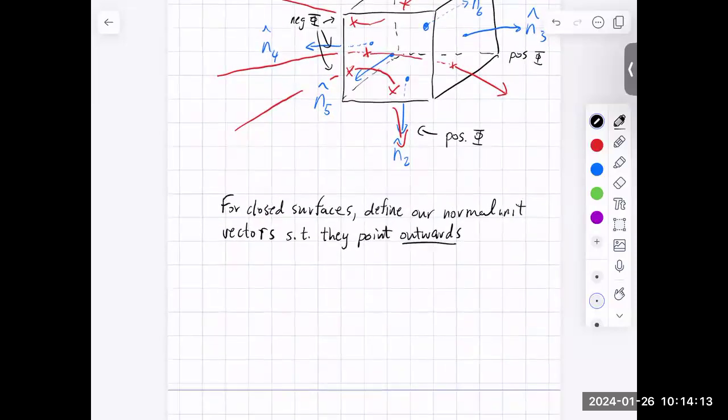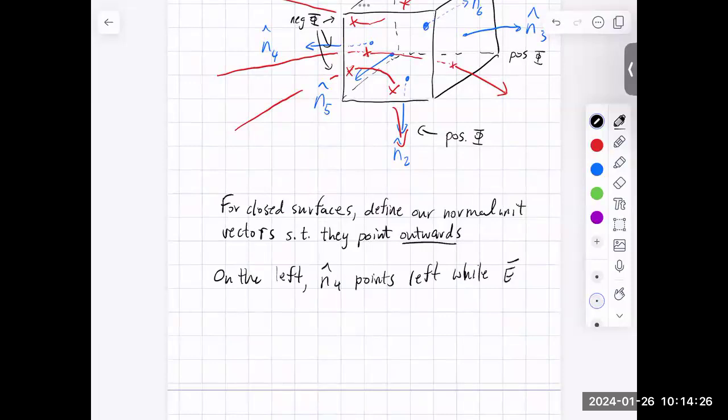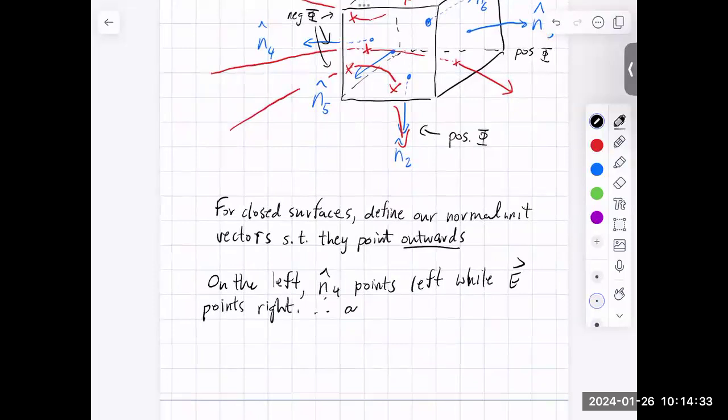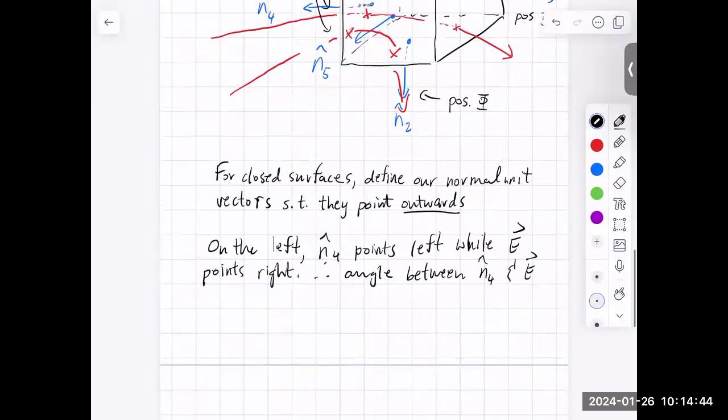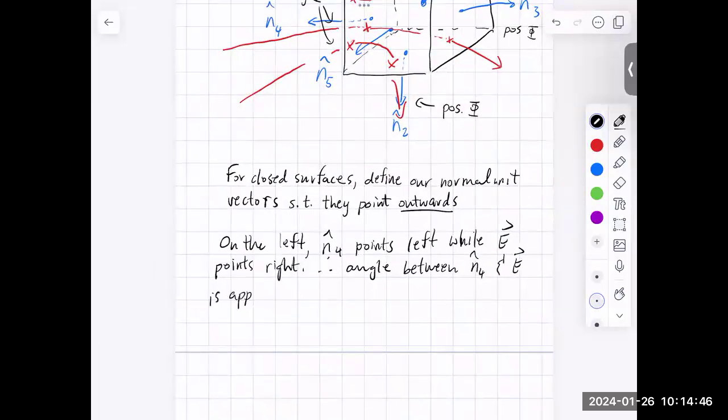Okay, so on the left, n hat 4 points left, while E points right. And so therefore, the angle between n hat 4 and the electric field is approximately 180 degrees.